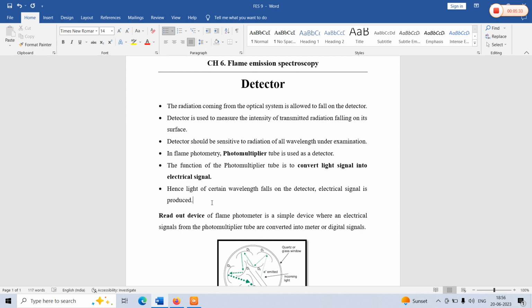Digital signals are very important for the characterization of the intensity as well as the wavelength.